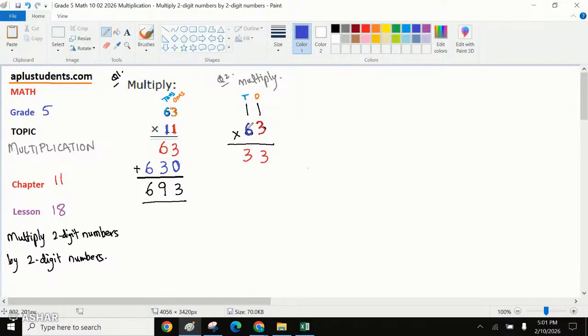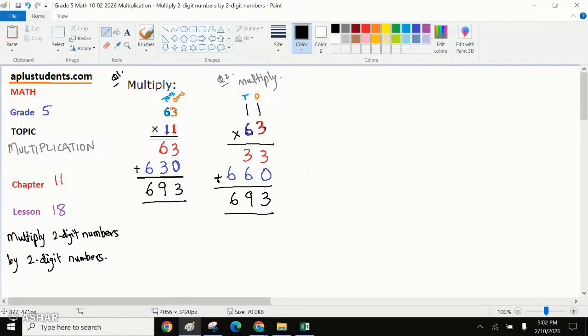So since we are multiplying by the tens, we put a 0. 6 multiplied by 1 was 6. 6 multiplied by 1 was 6. So when we add these numbers together, 3 plus 0 is 3. 3 plus 6 is 9. And 6 comes out. So here what we can see is the order of multiplication does not matter.